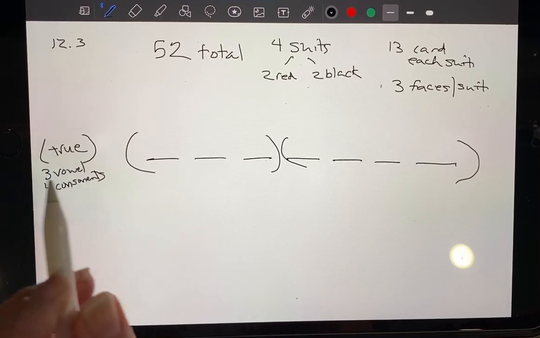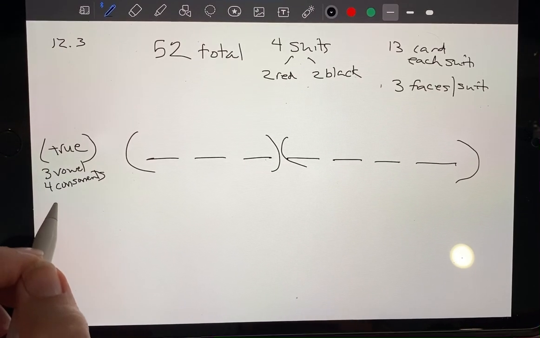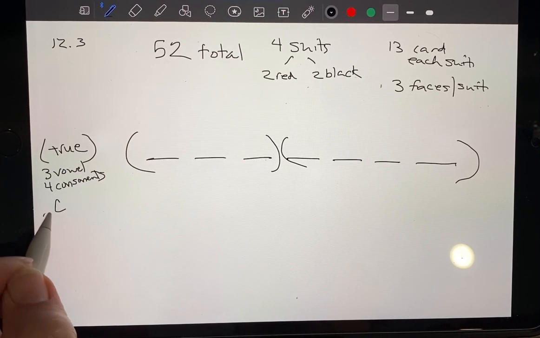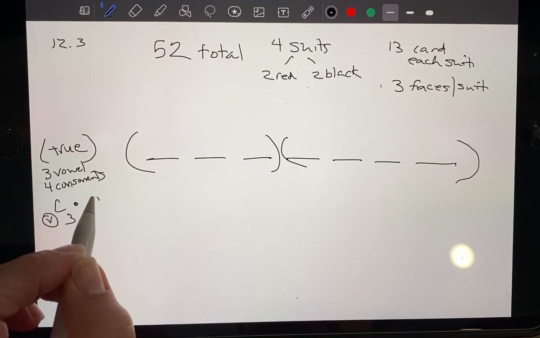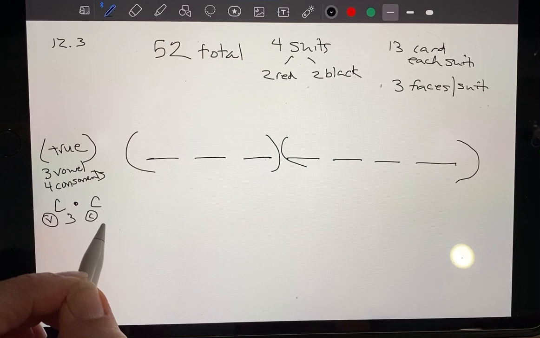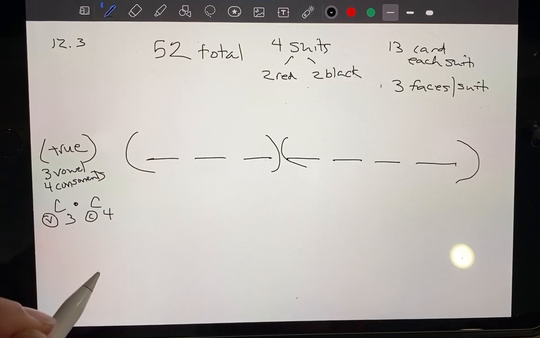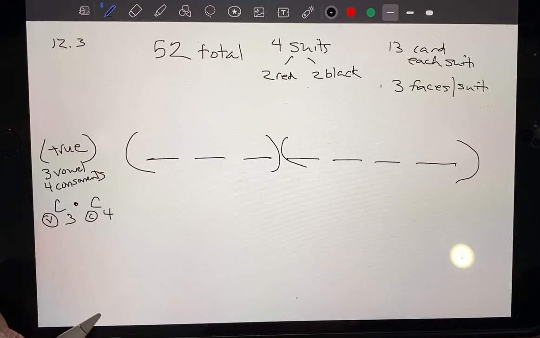So we could say it's a combination of a certain number of vowels taken 3 at a time and the combination of consonants taken 4 at a time. So you're going to have to count up how many vowels there are. So A, E, I, O, U, and it says count Y as a vowel.